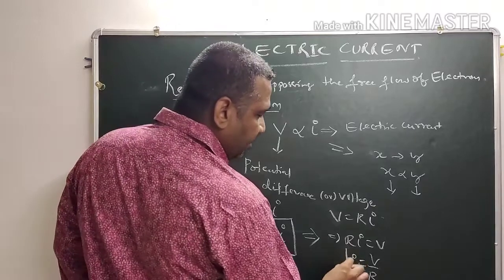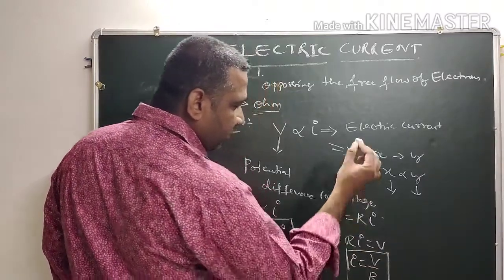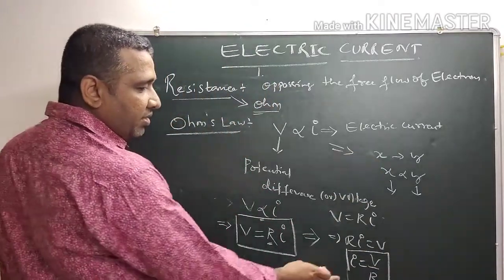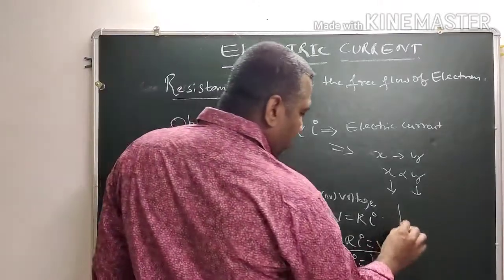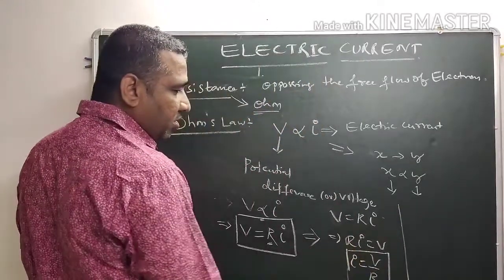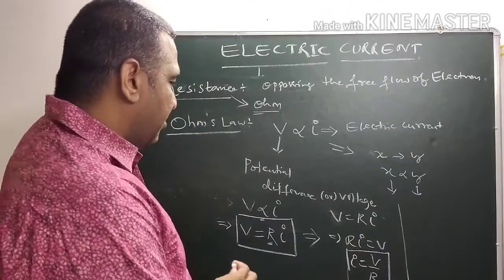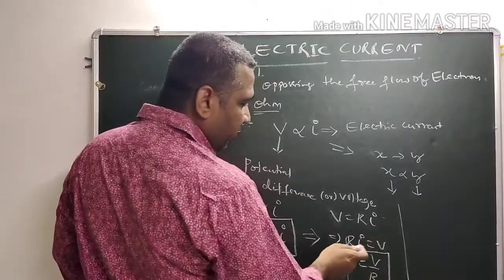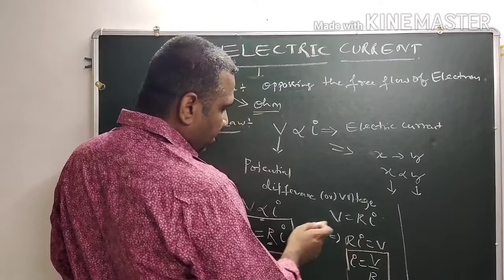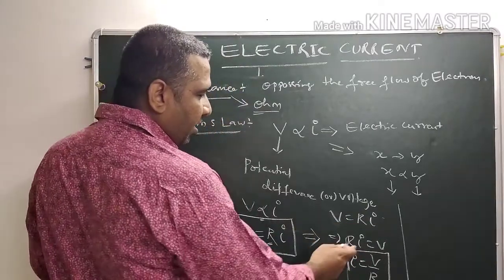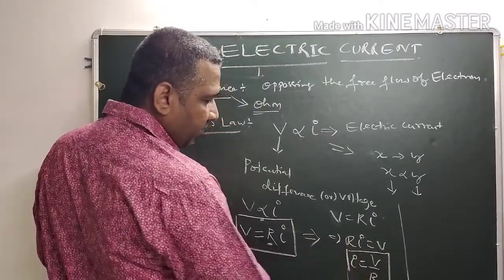So we write I is equal to V by R. So one more formula to find the electric current, from the same relation: V is equal to RI, RI is equal to V, I is equal to V by R.